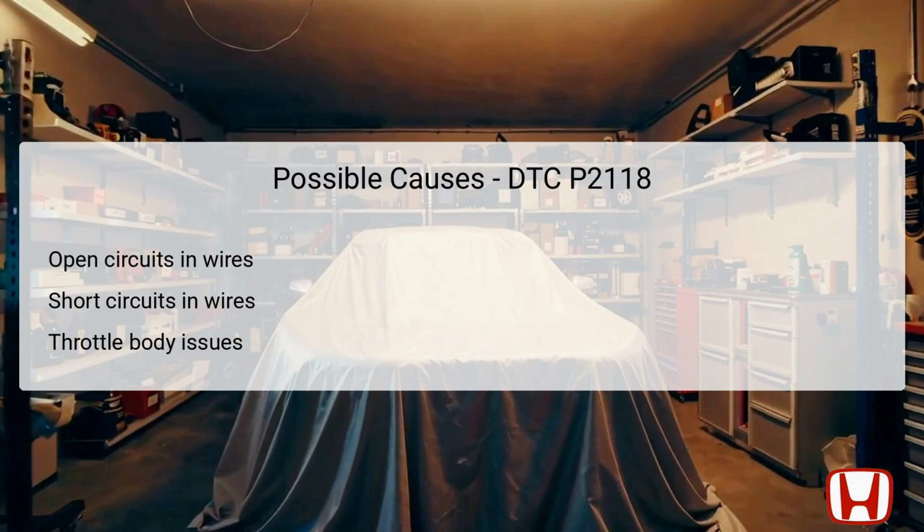Notably, issues within the throttle body itself, including mechanical faults or internal circuit failures, can contribute to this error code as well. Each of these issues must be carefully assessed during the troubleshooting process to determine the specific origin of the problem. Proper investigation ensures that all possible failures are considered and rectified effectively, allowing for a comprehensive repair.